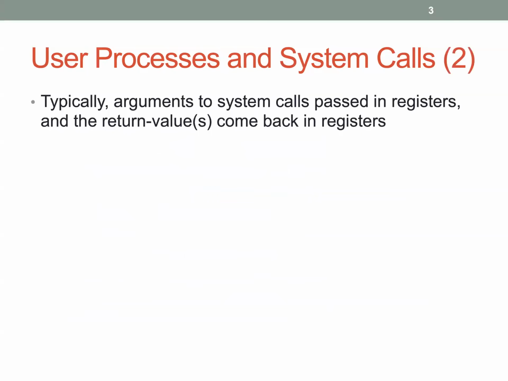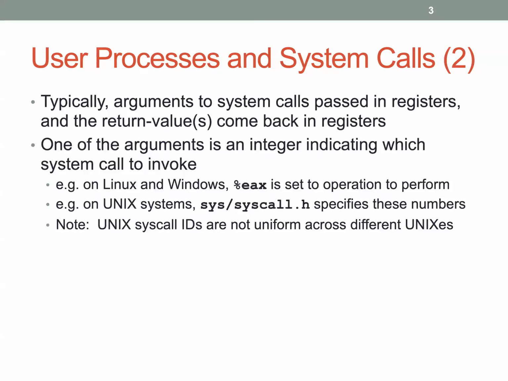So it's almost always that the arguments are passed in registers, and typically the status value itself is returned in a specific register, which is then available for the user program to examine. So that tends to be how these system call implementations work.